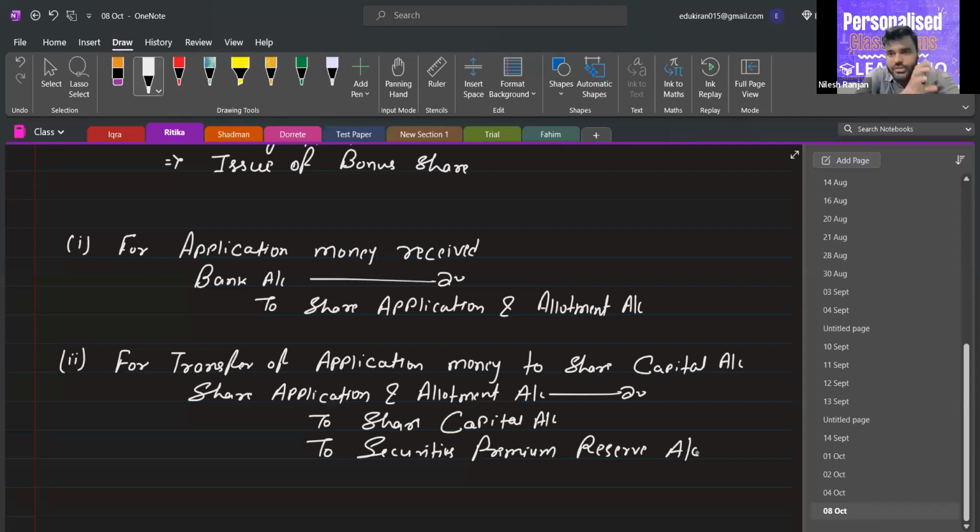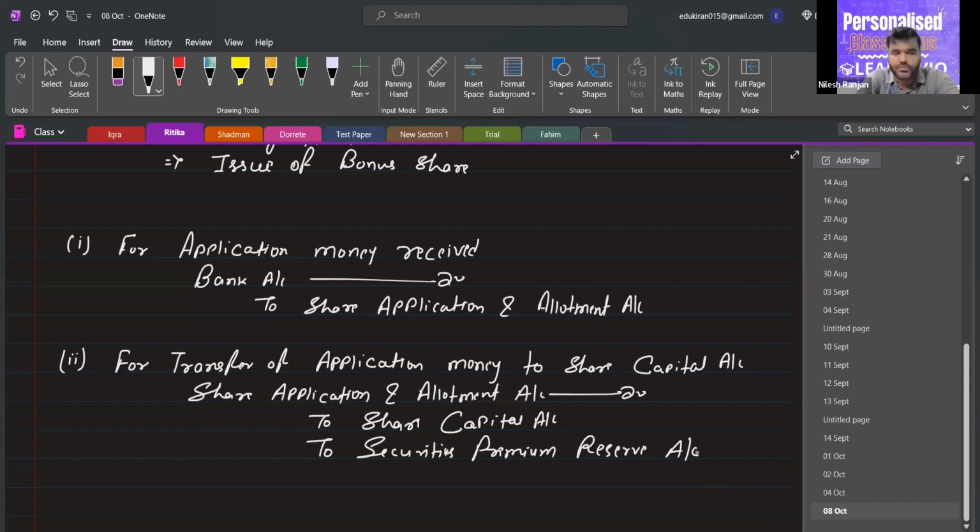Like on application, some part of the premium is on application, and some part is on allotment also. I think you have written these journal entries.